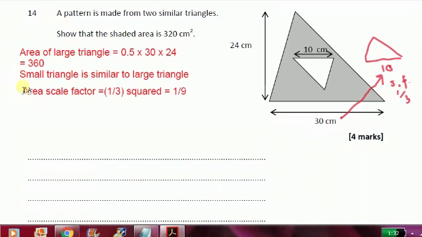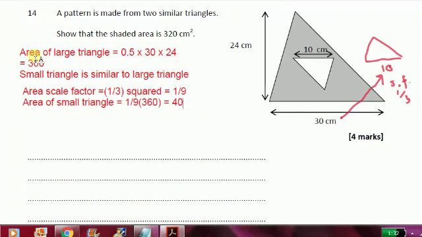So therefore, the area of the small triangle will just be 1/9 of the area of the big triangle. And we know the big triangle is 360. So we can just put 360 there, 1/9 of 360, which comes to 40.